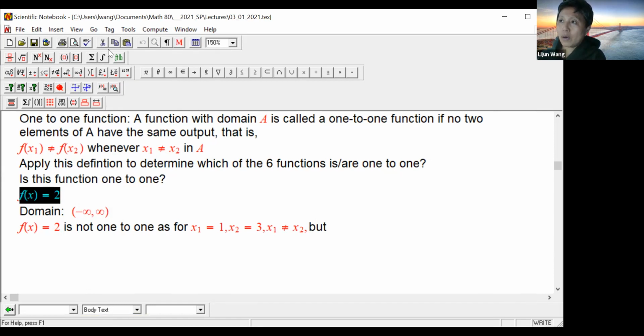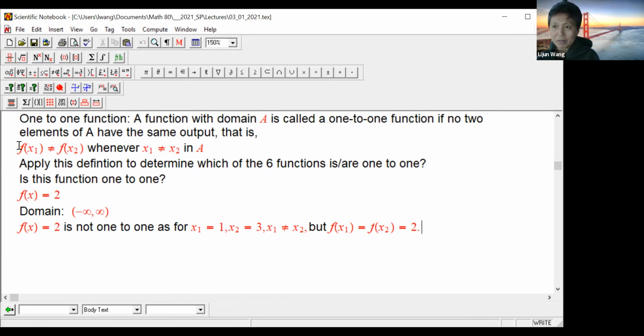So f of x1 is the same as f of x2, which both equal 2. Therefore it's not one-to-one.